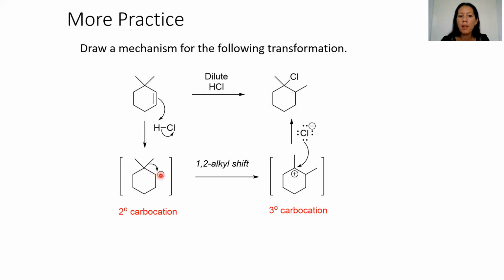But here I can move a methyl to reveal now a tertiary carbon here on the center. So notice the alkyl group moves to this center here. That's why I moved the methyl here. And now I only have 1 methyl up top. A carbocation, now tertiary, which is better. And then the chloride is going to come down to give you this chloro dimethyl cyclohexane.